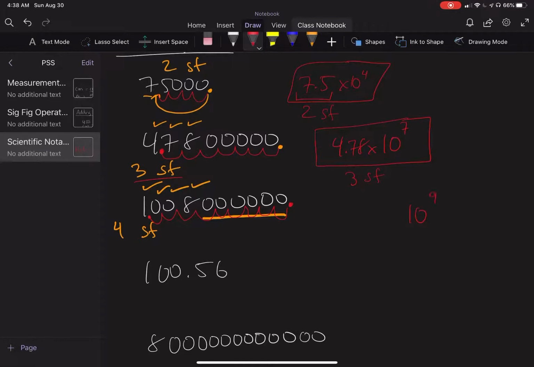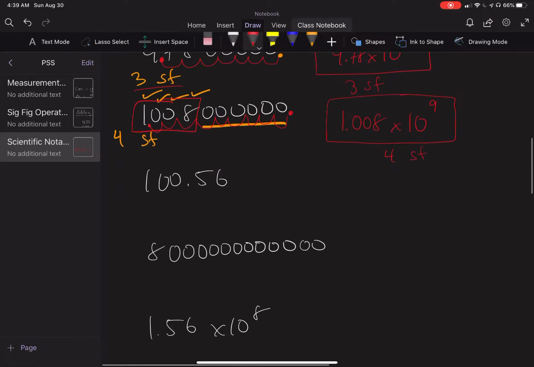So times 10 to the 9th. And then since these 4 digits were all significant, we need to make sure we include all 4 of them. So we're going to have 1.008. Now this new quantity that we wrote is the same quantity, just a new way of expressing it, but it also has 4 sig figs. And that's how it should be.